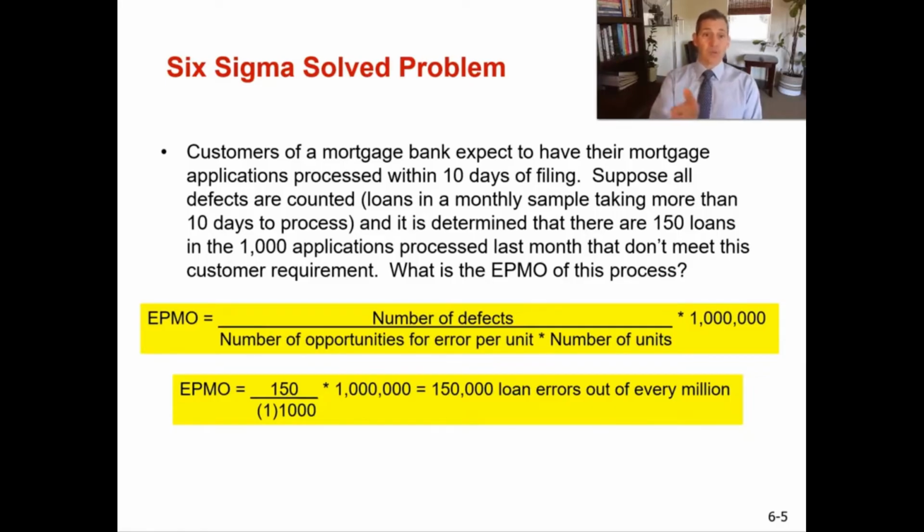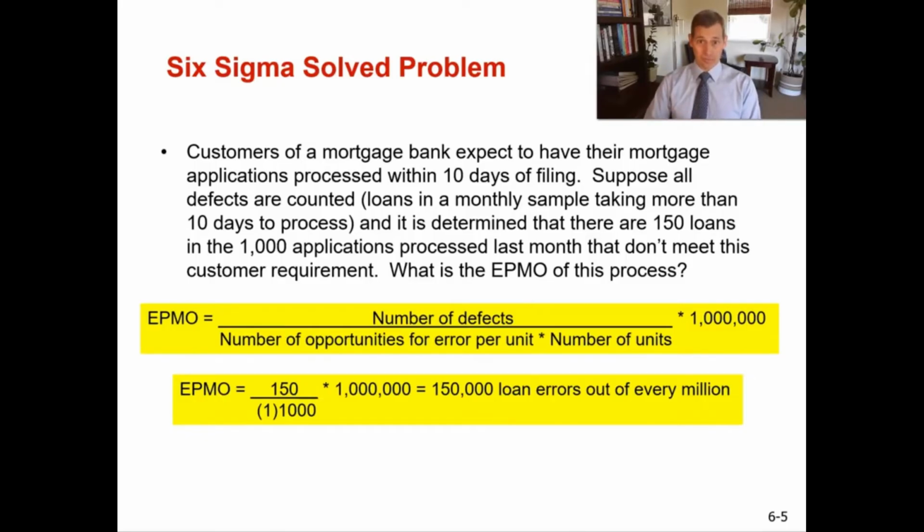So if you go back 2 slides, I showed you that distribution of 6 sigma and 3 sigma. Six Sigma was 3.4 errors out of every million. Three Sigma was 2,700 errors per million. This bank has 150,000 errors per million.